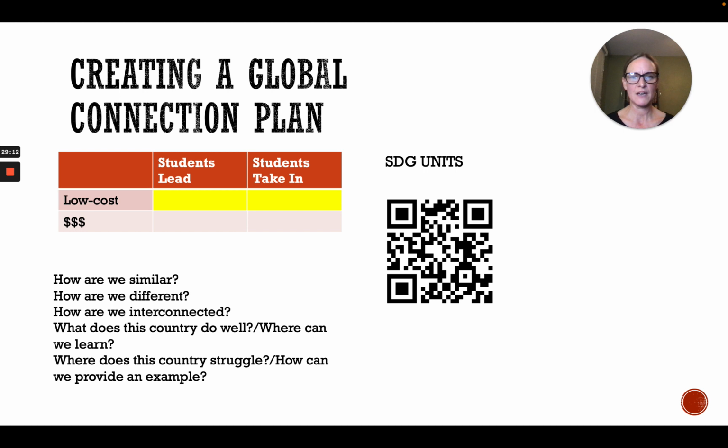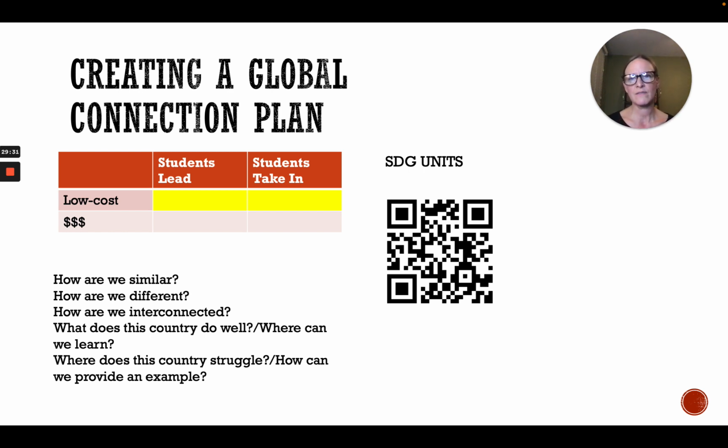As long as I am hitting the benchmarks set by my district and state, it doesn't matter how I get there. So I set up my own units where every single unit, we have a different Francophone country that we focus on and different projects, grammatical points, vocabulary I'm trying to hit.